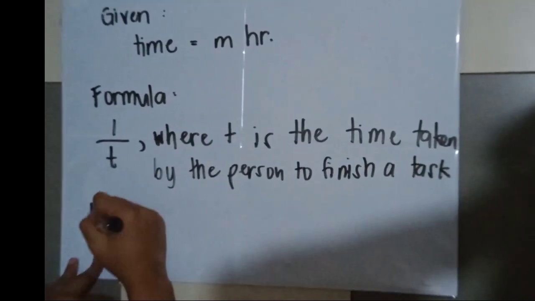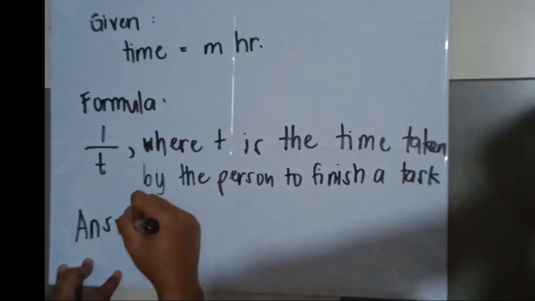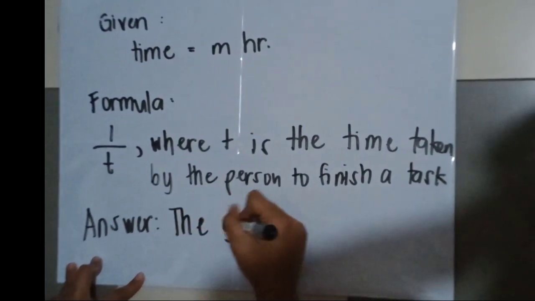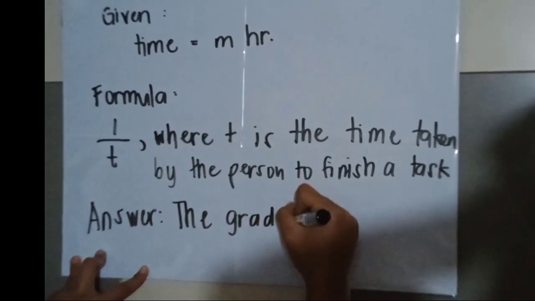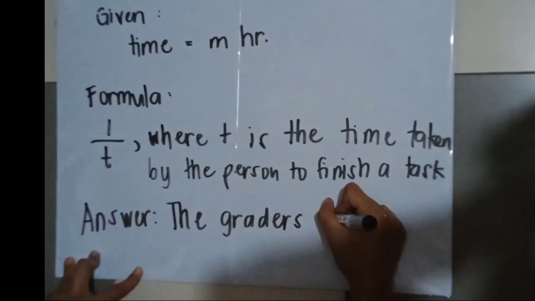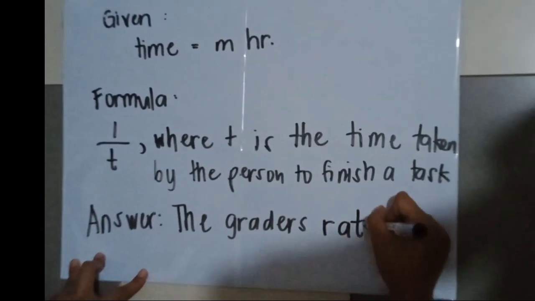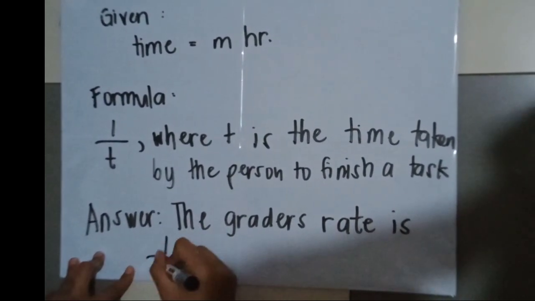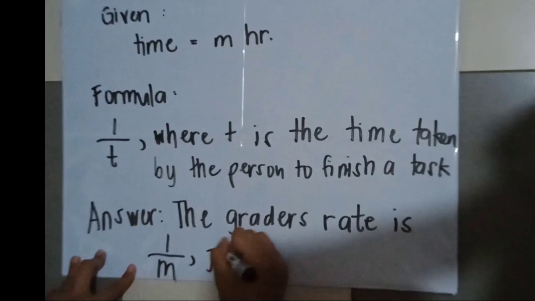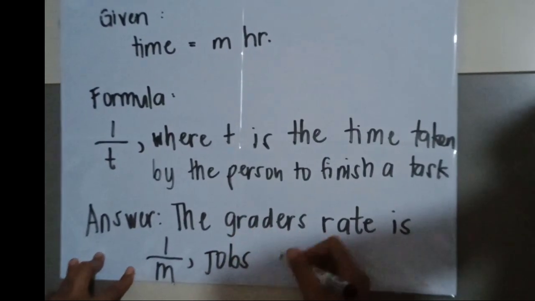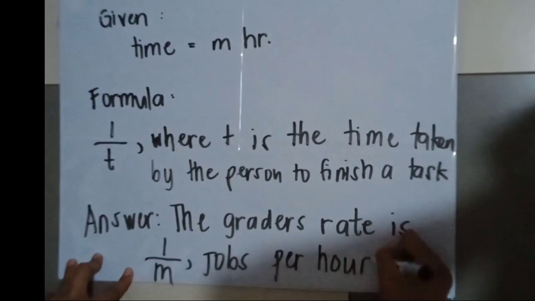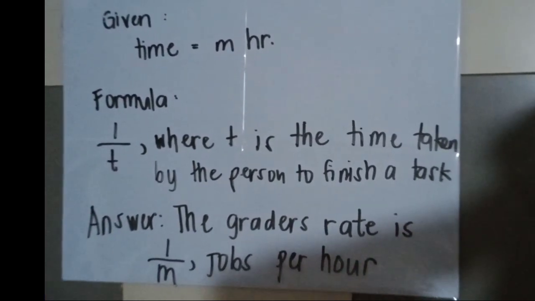So the answer would be the grader's rate is 1 over m jobs per hour. That is the answer.